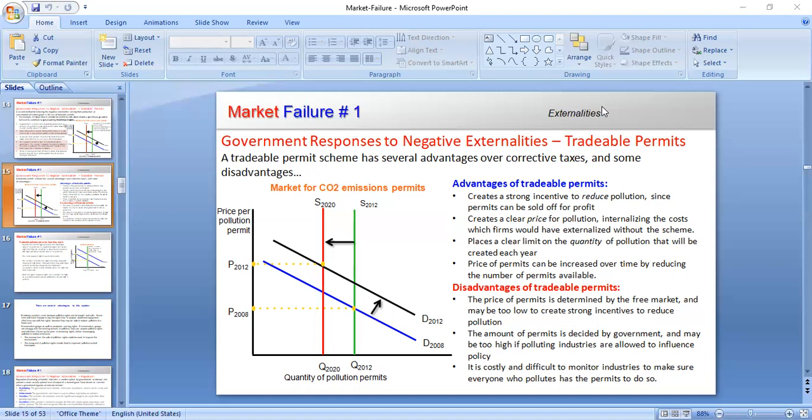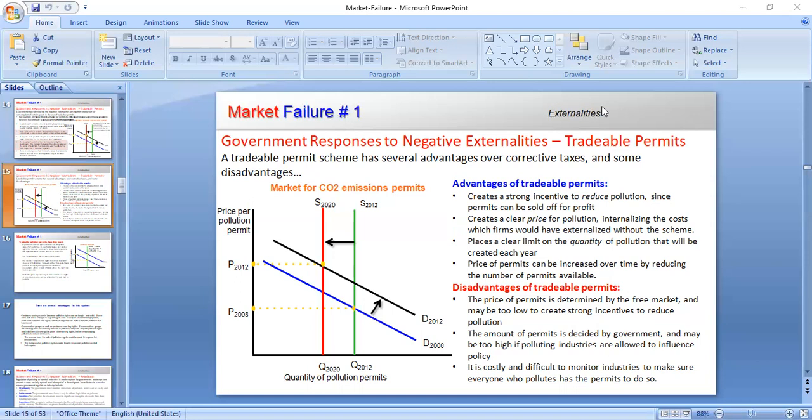So the demand for these permits will determine the price. Remember, the price is determined by both the forces of demand and supply, not by the supply alone. So the government will be working on the supply side, but the demand side will be on the side of the polluting firms.